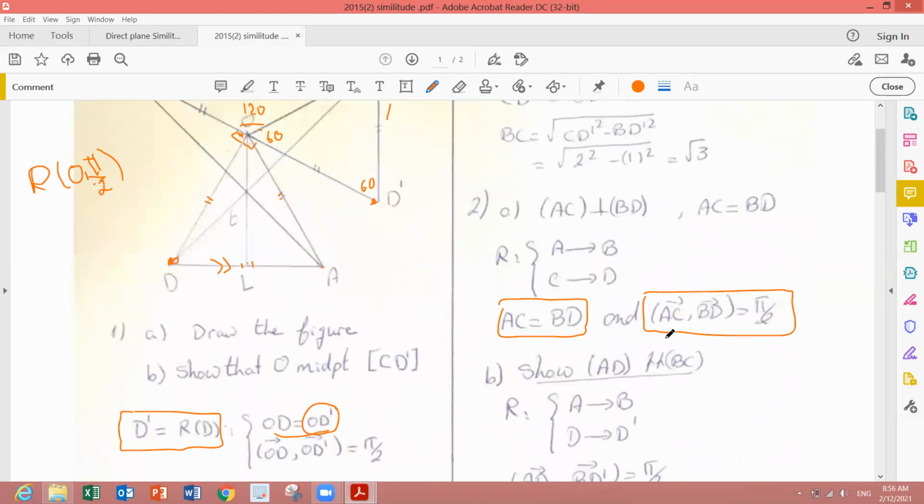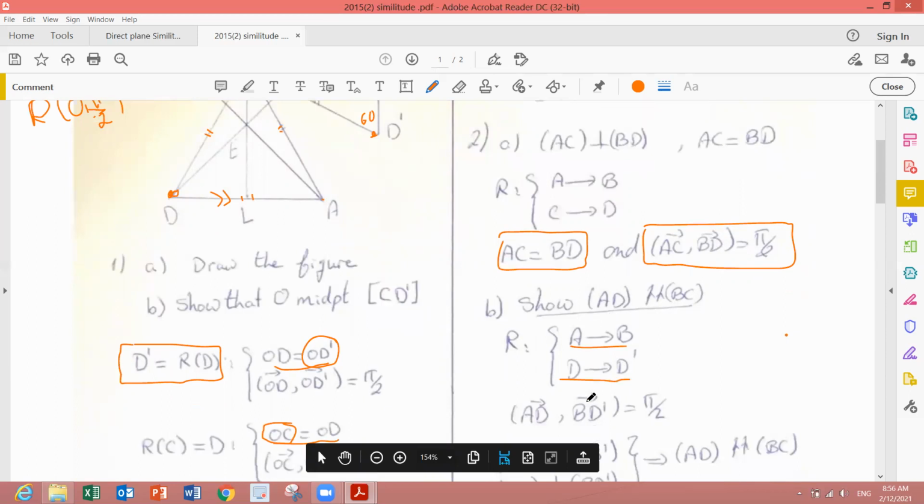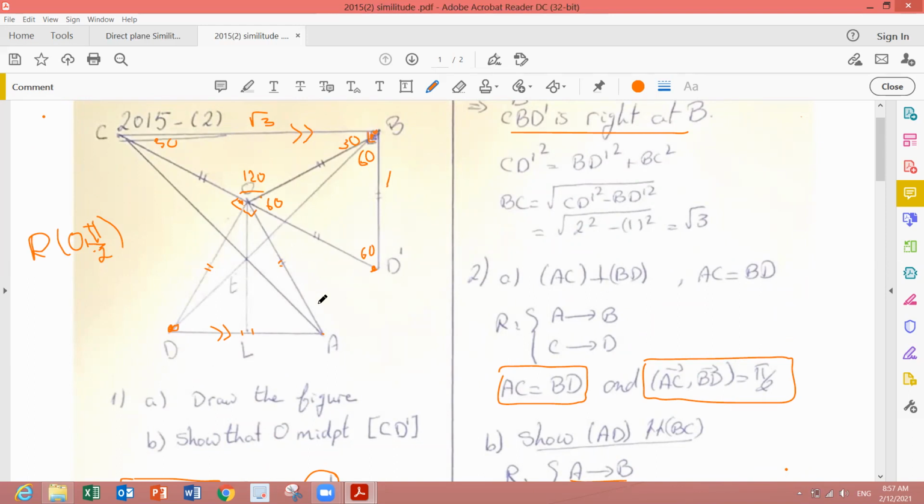From the given, the rotation of A is B, and the rotation of D is D prime, which means angle ADBD prime equals 90. So AD is perpendicular to BD prime, and BC is perpendicular to BD prime. So two lines perpendicular to the same line are parallel.